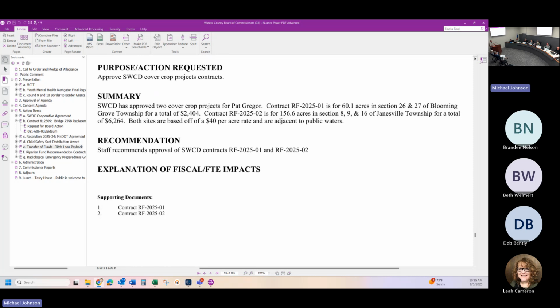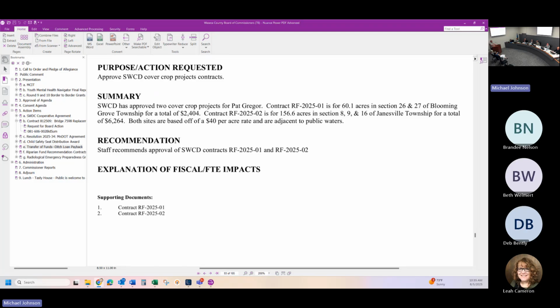To me, it seems like that policy should be created together by both boards, so we understand what they're accepting and if it's acceptable to us. And SWCD makes it known to all of the applicants that these contracts and these decisions are in the end approved by the Board of Commissioners.